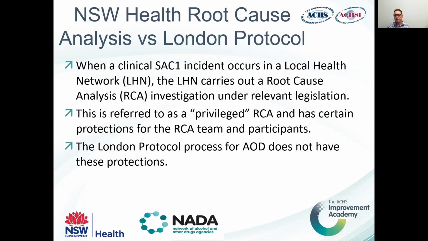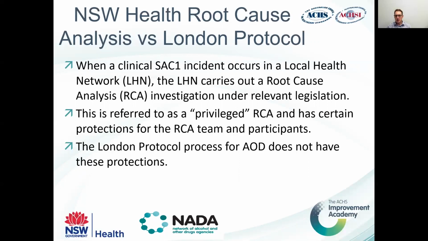Yeah, and I think as well under the New South Wales SAC1 RCA legislation, one of the key things is it prevents and prohibits the RCA team from investigating an individual. And that is the same with the London Protocol. So you cannot use that process to go and investigate an individual.